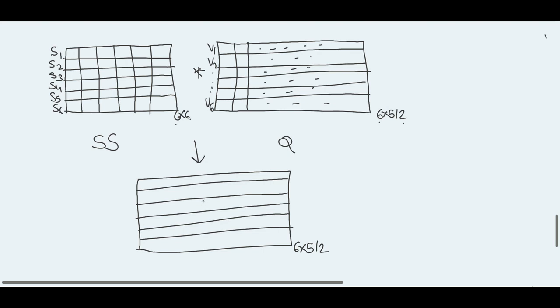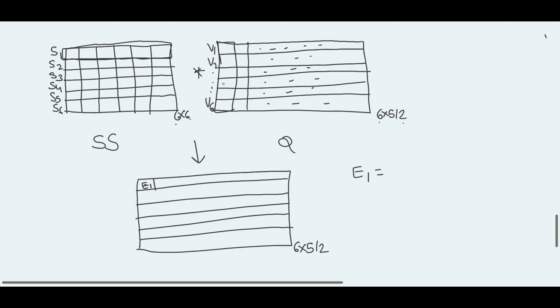According to the rules of matrix multiplication, let us call the first element E1. This E1 will be obtained by multiplying the whole S1 vector with the first column, and the resultant values will be added.